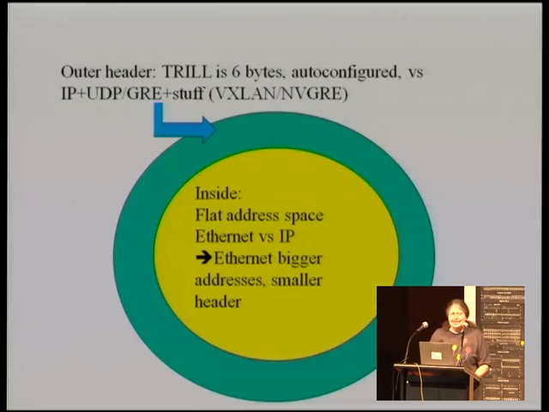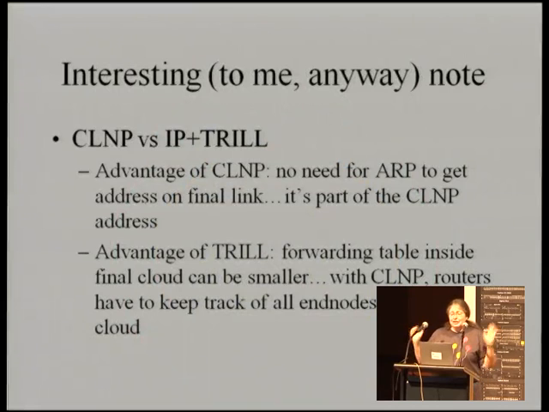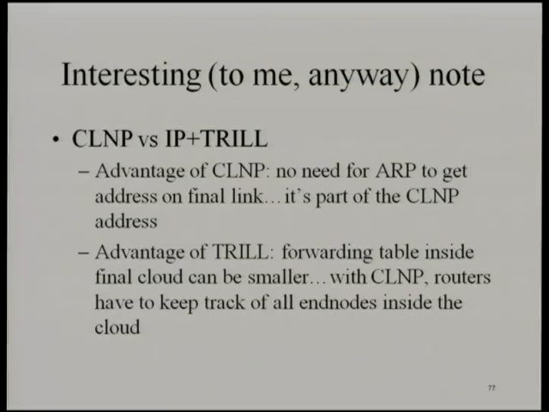So I tried to tell this to somebody who was an advocate of one or the other of those, and I was saying, but really it's just like Trill, and they said, no, Trill is encapsulation, and this is tunneling, or vice versa. The two words mean the same to me. An interesting geeky note: I was trying to think about CLNP, which has the 14-byte address of the cloud plus your 6-byte end node address.